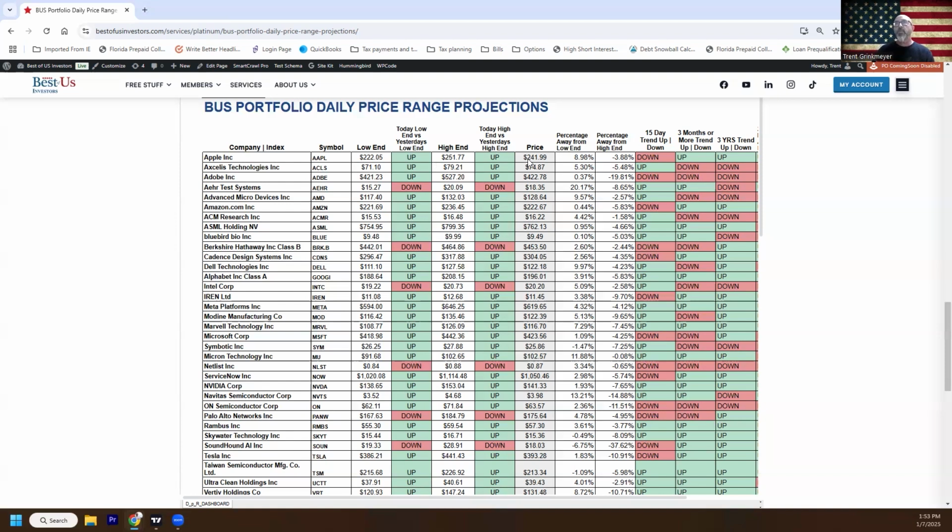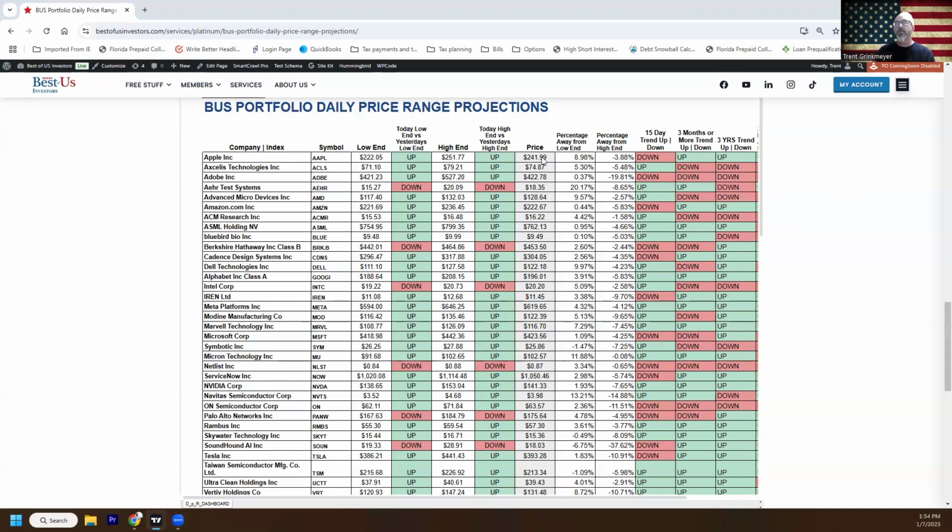Now, the important part of this is then to use your chart and to take a look at where your chart is telling you in this as well. So let's go take a look at a chart of Apple and see what we're looking at, because this can be a determiner of whether this is a time to buy, or should we wait for this percentage away from the low end to get lower.